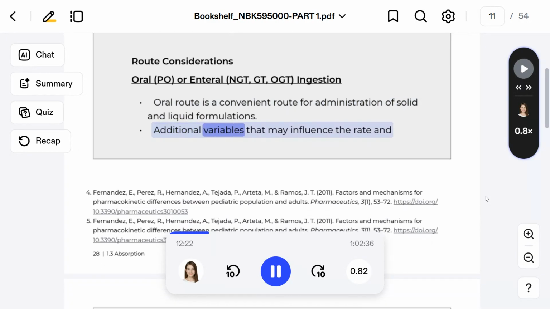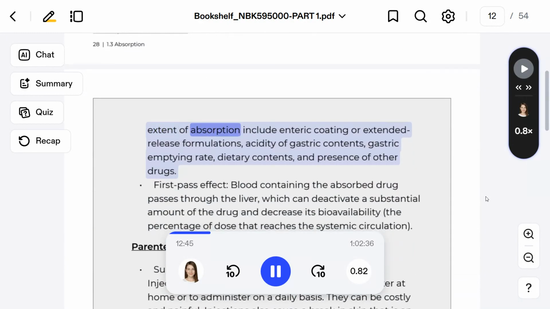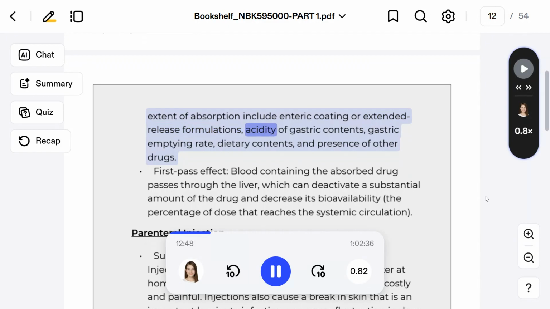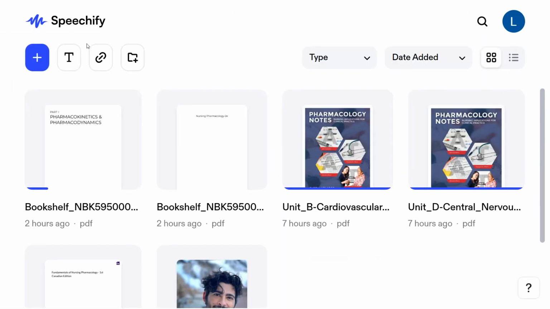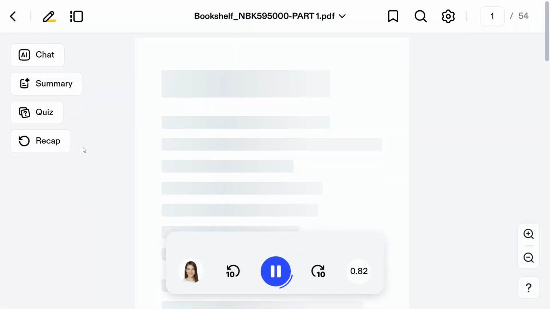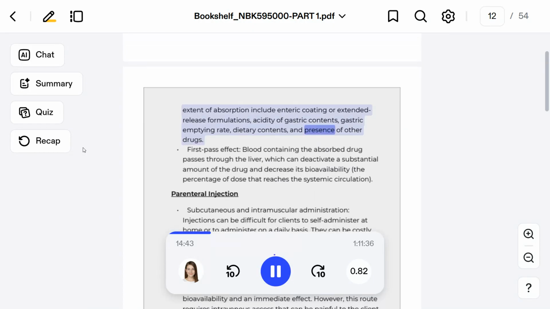Additional variables that may influence the rate and extent of absorption include enteric coating or extended release formulations, acidity of gastric contents, gastric emptying rate, dietary contents, and presence of other drugs.